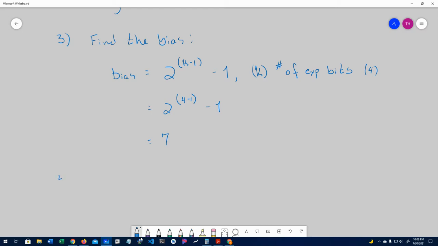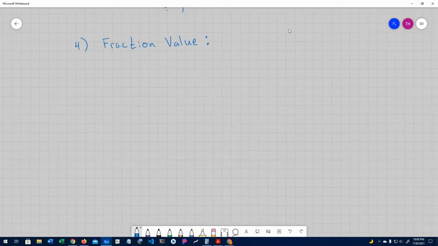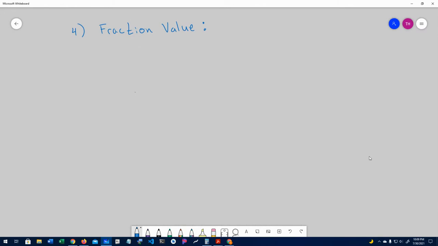Now we're on to step 4, and at this point I would do the fraction value. For normal, this is going to be equal to 1 plus the decimal value of the fraction.